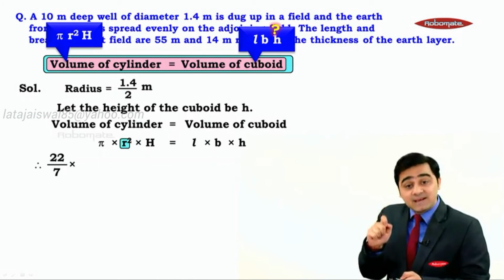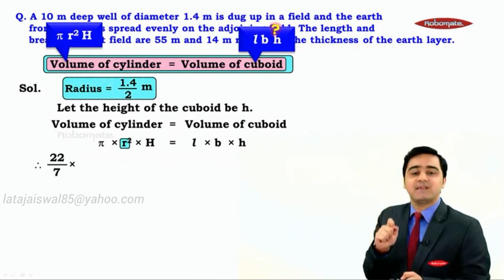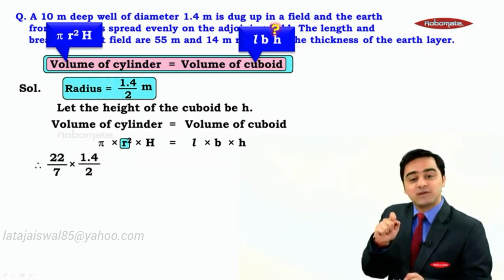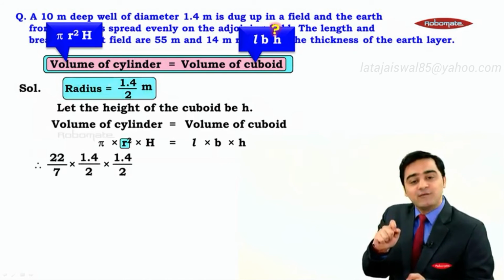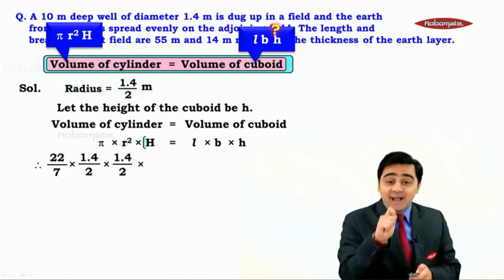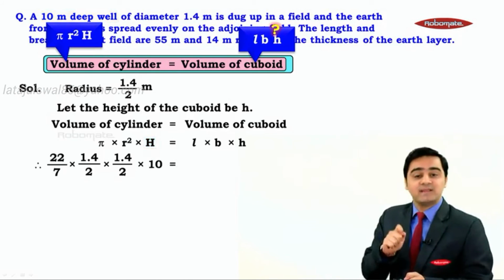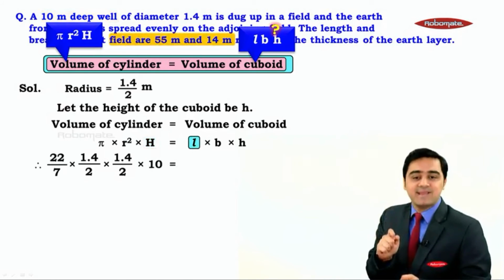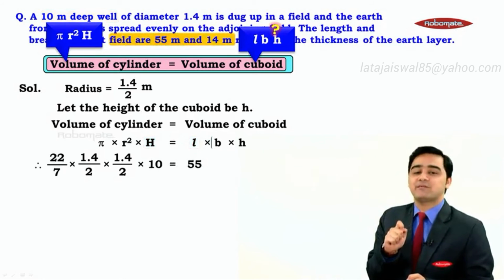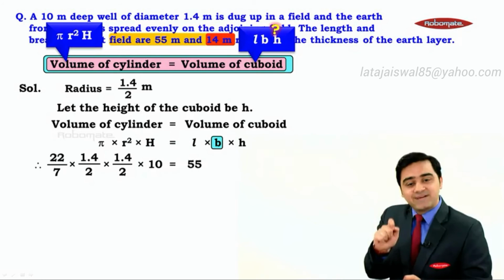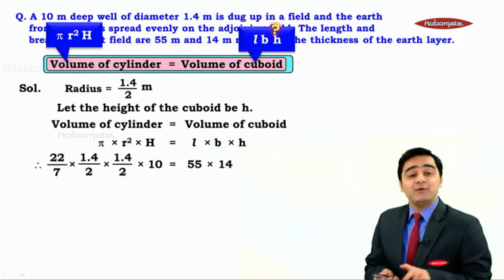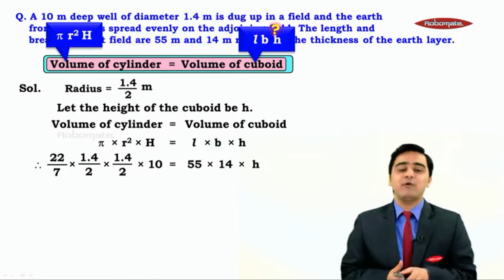We know that the radius of the cylindrical well is 1.4 upon 2. So we'll write 1.4 upon 2 into 1.4 upon 2. Now we know that the height of the cylindrical well is 10. So we'll write into 10. Now on the right hand side, we know that the length is 55, so we'll write there 55. The breadth of the cuboidal field is 14, so we'll write 14 there. Into we have h, which we have to find.